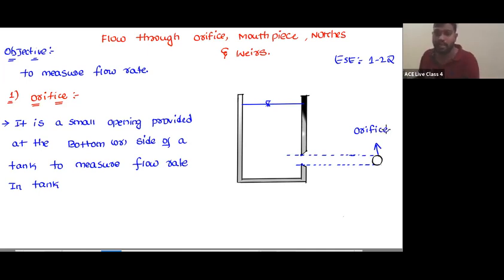So what is an orifice? It's a small opening provided at the sides or at the bottom, and the cross section of the opening can be circular, rectangular, triangular, or square, but generally we take it as circular.